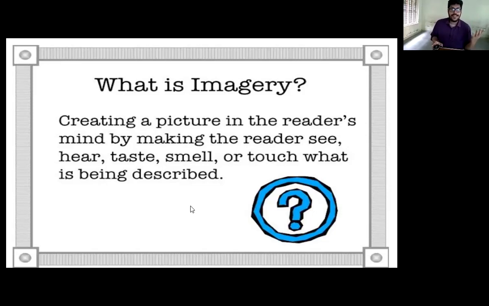These are the senses of a human being, right? So while we are reading a poem, we could see, hear, taste, smell, and touch some things through the lines of the poem. So that technique is called imagery. Okay, so let's discuss the rest of the answer.